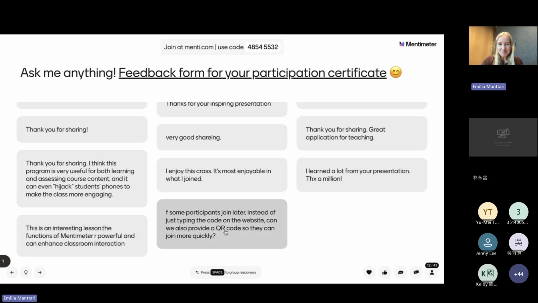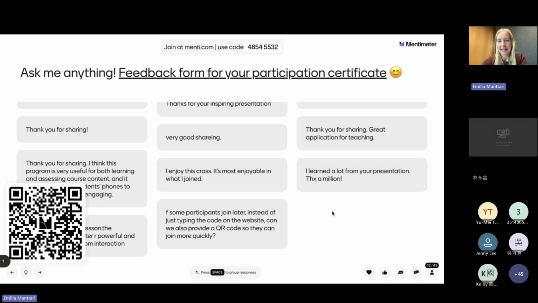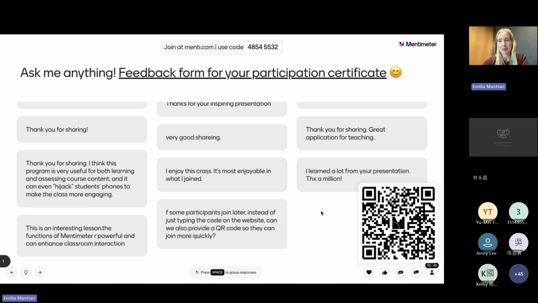Lovely to hear. If some participants join later, instead of just typing the code on the website, can we also provide QR codes so they can join more quickly? Yes, so at any point during my presentation, I can press the letter I on my keyboard, and you can see that once I do that, the QR code appears there. I can also move the QR code around, so if I feel that it's covering something, I can move it to a different spot.